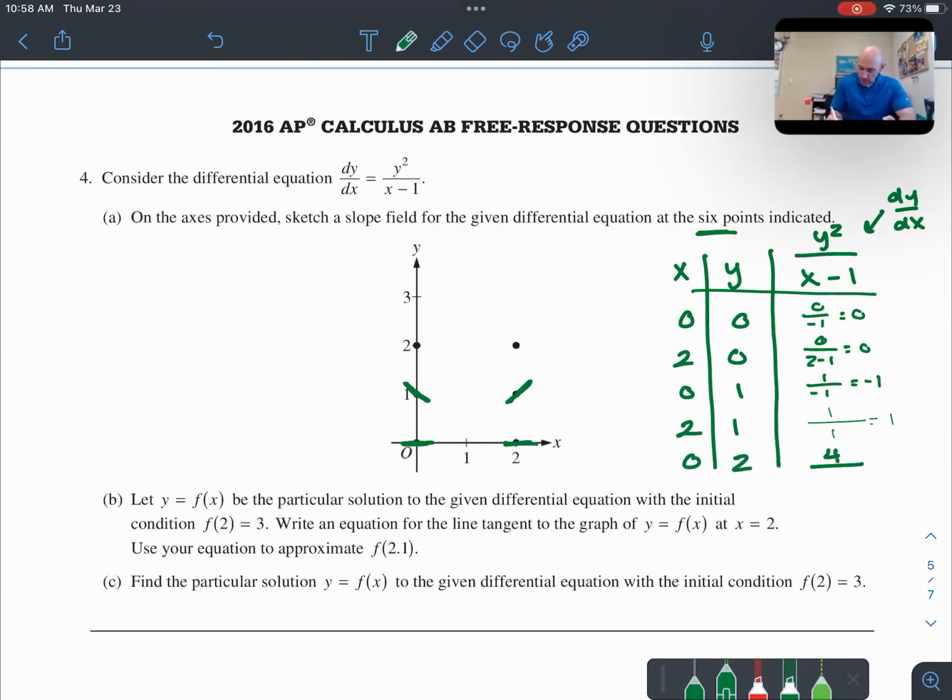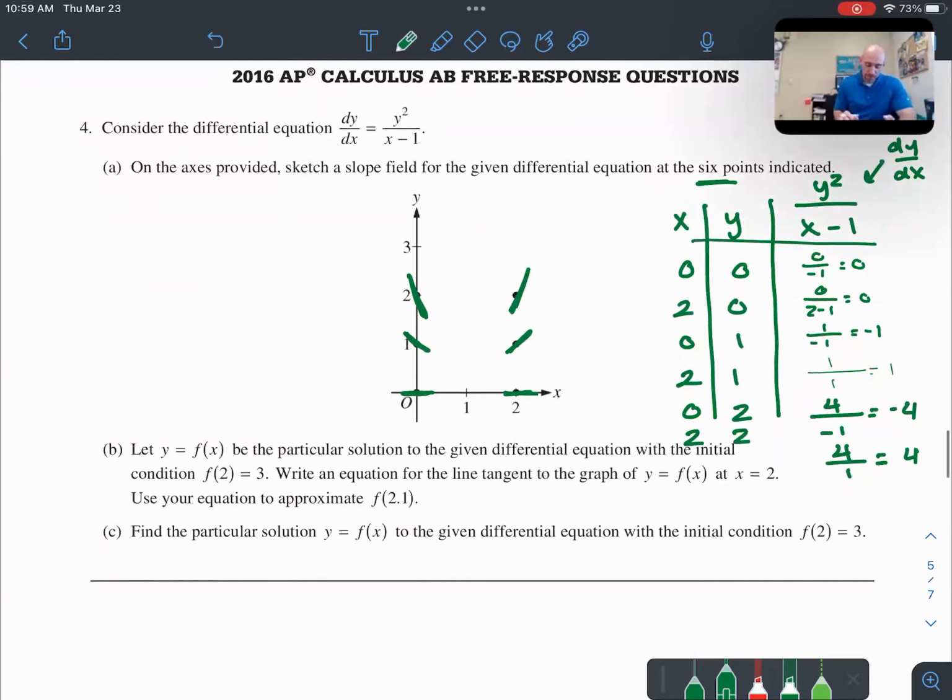That's going to give us 4 over -1, so a -4 slope. Make sure that's a little bit steeper. And then we have 2, 2, which is going to give us 4 over 1, which is just 4. Make it about the same, positive slope. That's all we have to do. And this one is probably going to be 2 points. This is an easy 2 points to get.